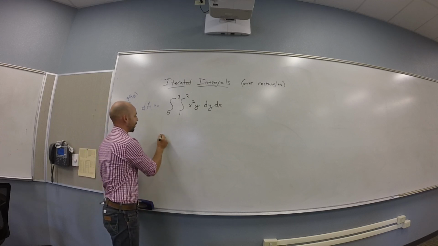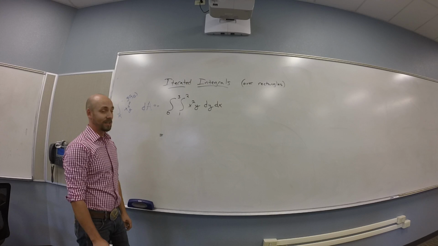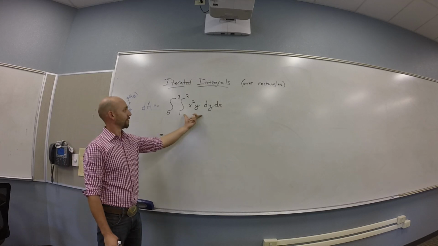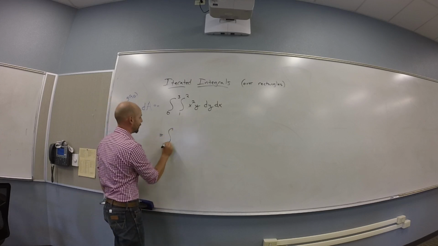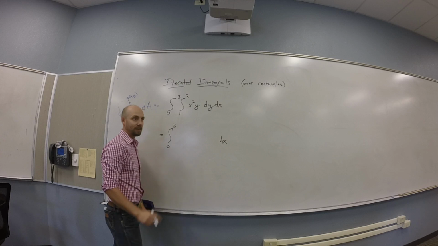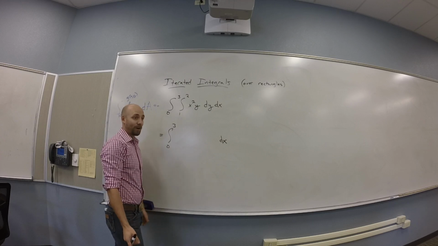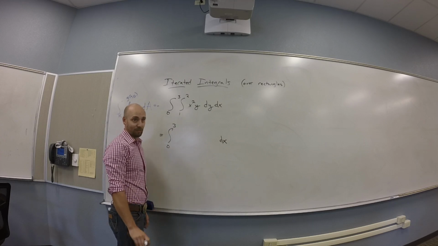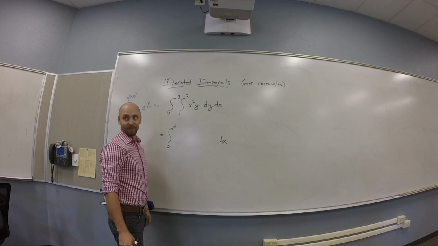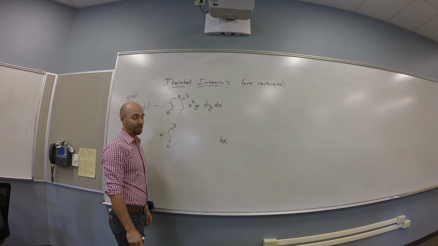Do your inside integral with respect to y. I'm going to leave the 0 to 3 and the dx on the outside. This is order of operations: you go to the deepest grouping symbol and do that first. It's not magic. Just do the thing you've always done.